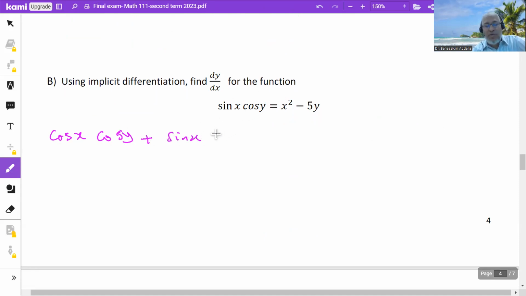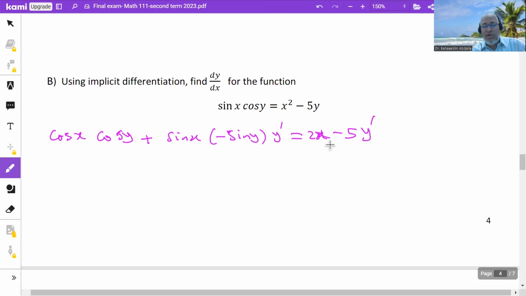Derivative of cosine y is negative sine y times y prime, equals derivative of x squared is 2x, derivative of negative 5y is negative 5 times y prime. Whenever you find the derivative of y, you multiply by y prime.